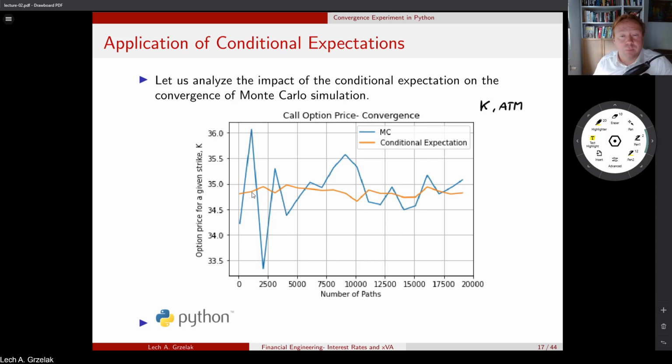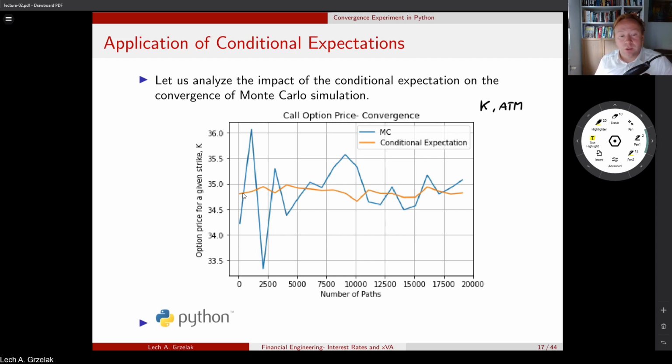So we have this hybrid approach where we use some information about the relation of conditional expectation and the Black-Scholes model. And the blue line represents the case where we used brute force. This means we haven't used any information about the Black-Scholes model. We have simply sampled the stock and evaluated the expectation related to the payoff, in this case the call option. You see the difference is huge.